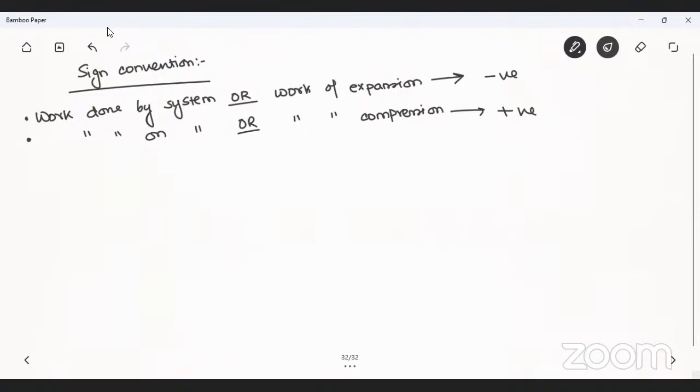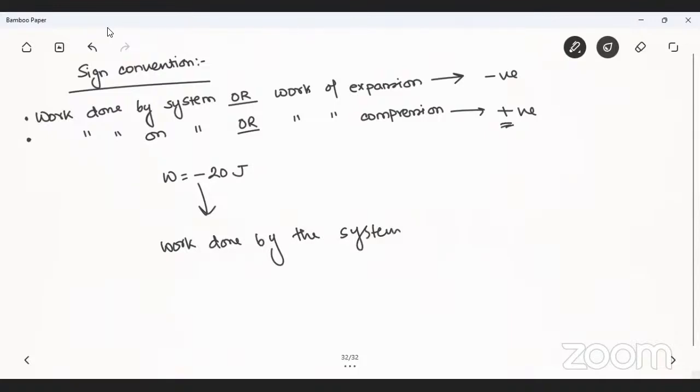Suppose I give you an example: what does this mean? It is by the system, negative. Negative means work done by the system; on is plus, by is minus.